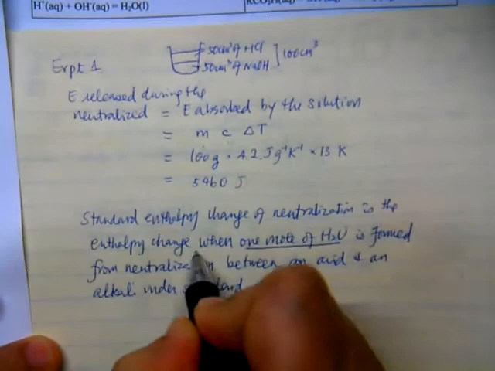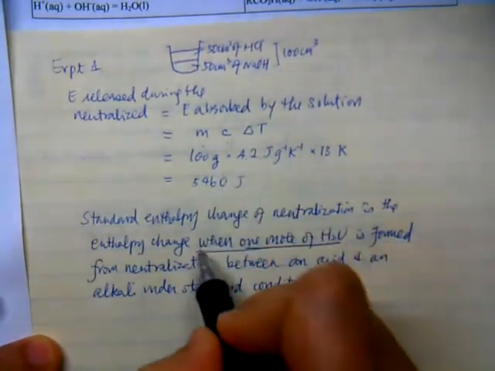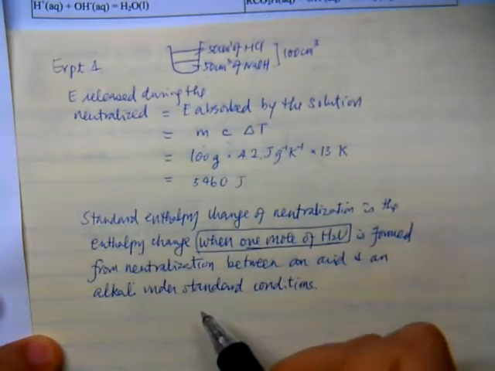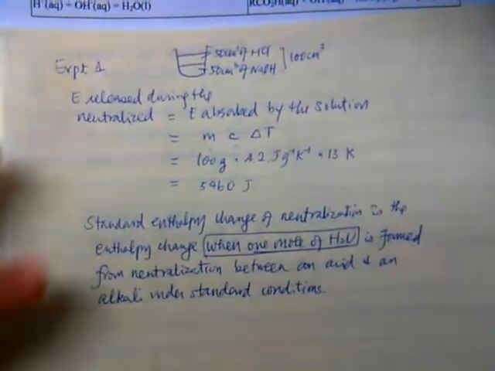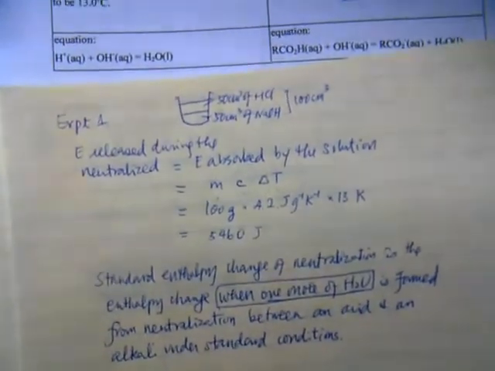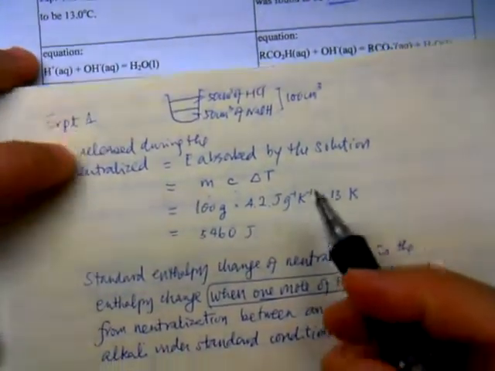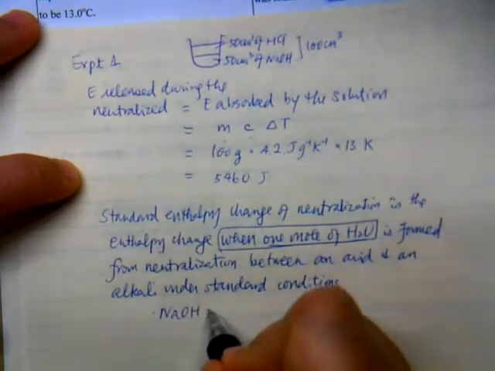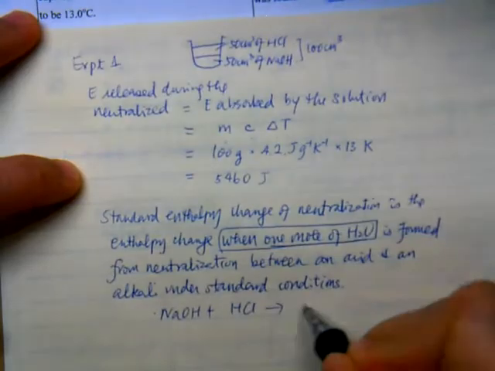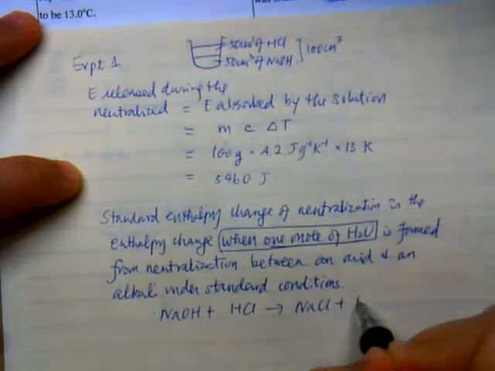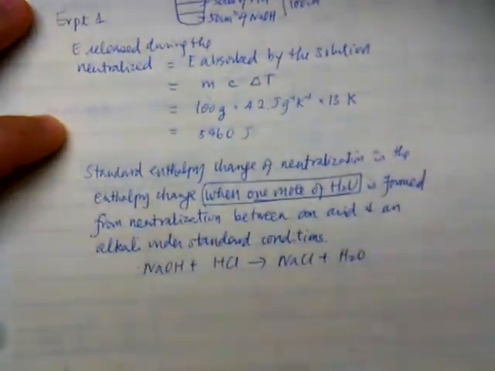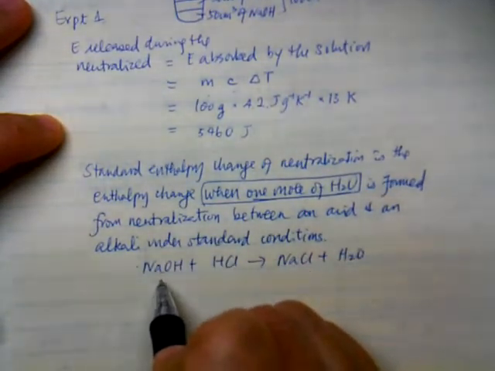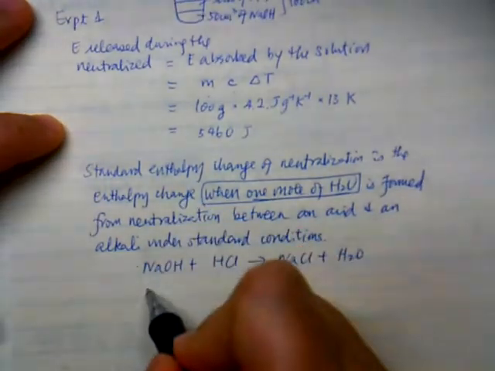Refer to the definition. We need to calculate the amount of heat released when 1 mole of water is formed. In other words, in this situation, we need to calculate the number of moles of water formed. So, NaOH reacts with HCl to form NaCl and water. None of the reactant is in excess, because neutralization is just completely reacted.